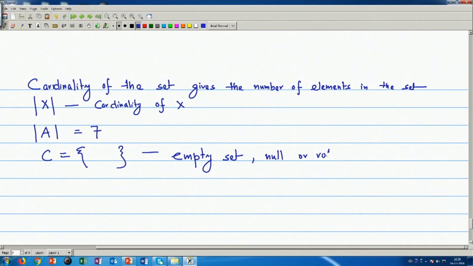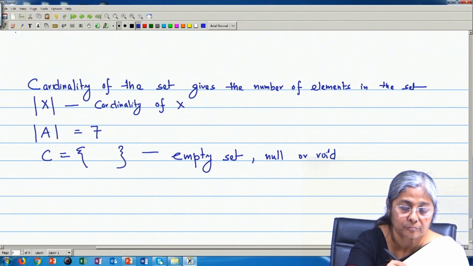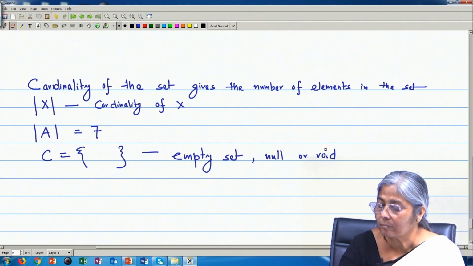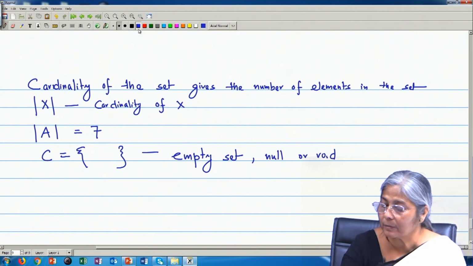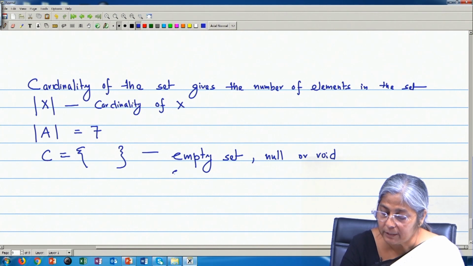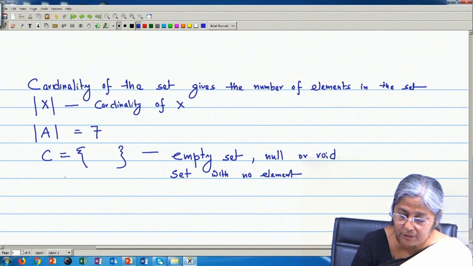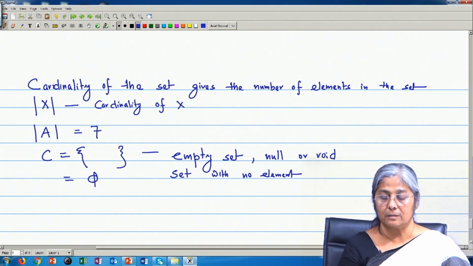We just say null or void. So, this is defined as a set with no element. It has another notation we use for the null set.